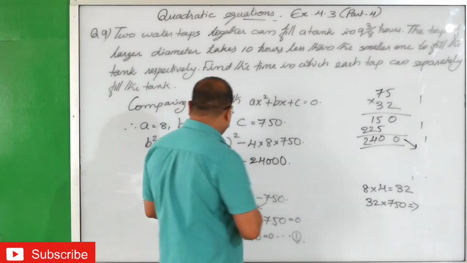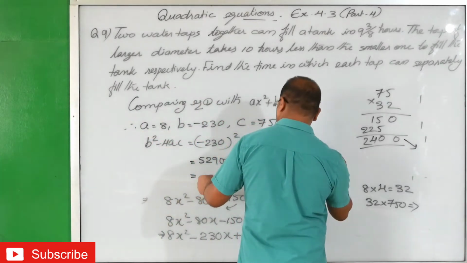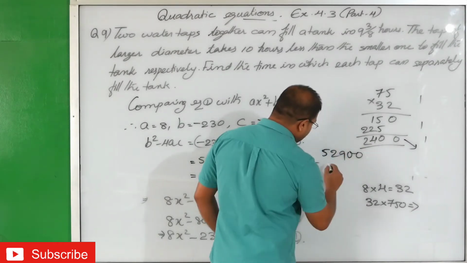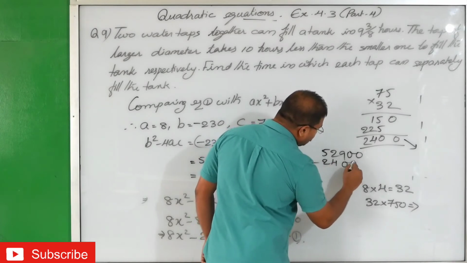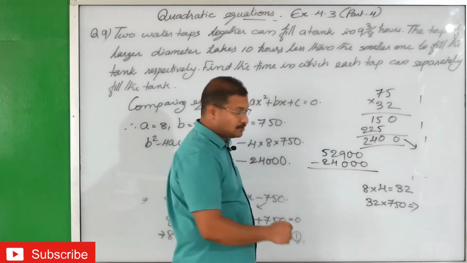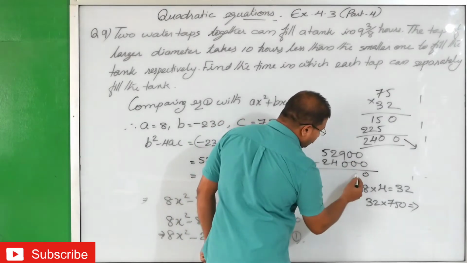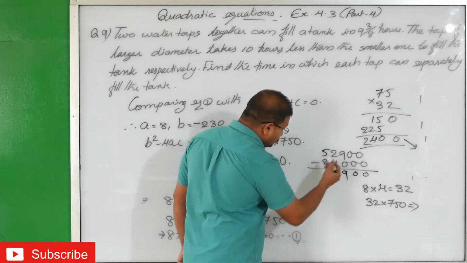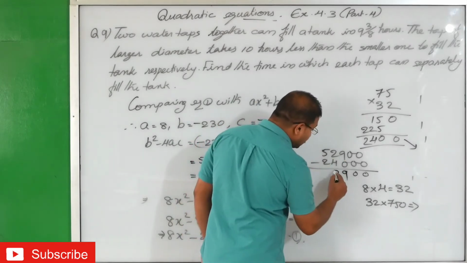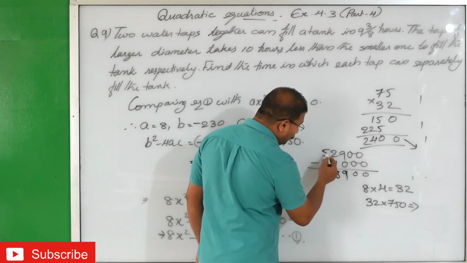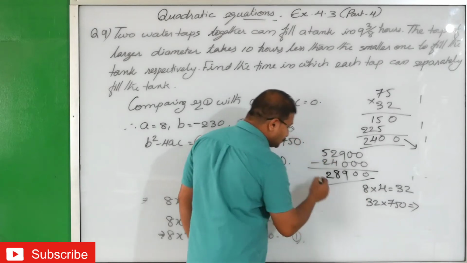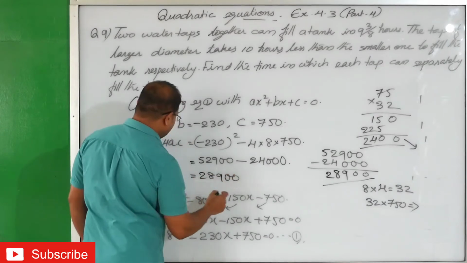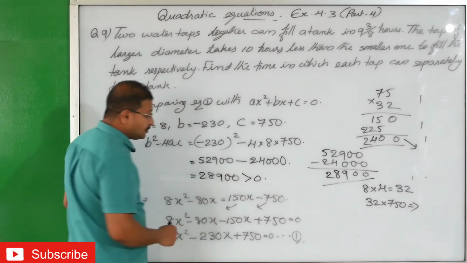Ready? 52900 minus 24000, we'll subtract. 0 minus 0, 0, 0 minus 0, 0, 9 minus 0, 9. 2 cannot, that means 12. 12 minus 4, that is 8. Now here is 4. 4 minus 2, that is 2. So we got 28900. This is surely greater than 0.